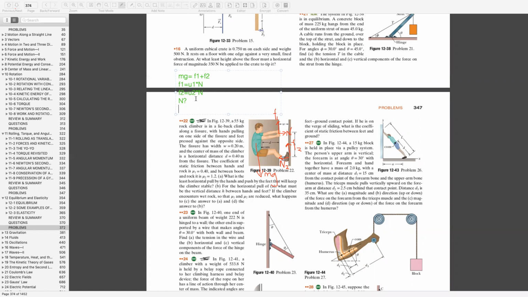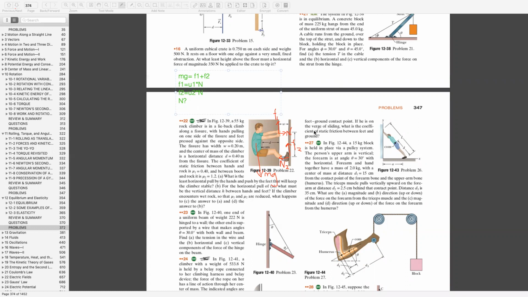Wait, hold on a second though. If you have mg is equal to mu1 times normal 1 plus mu2 times normal 2, we still need another equation.